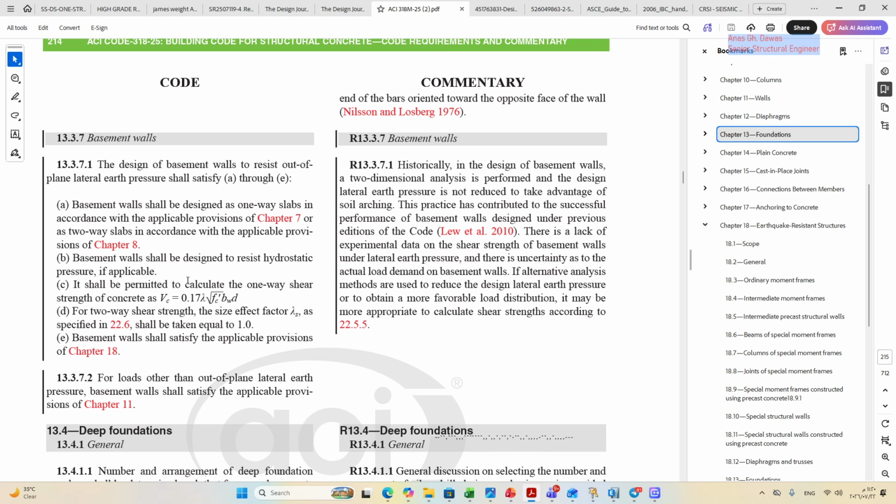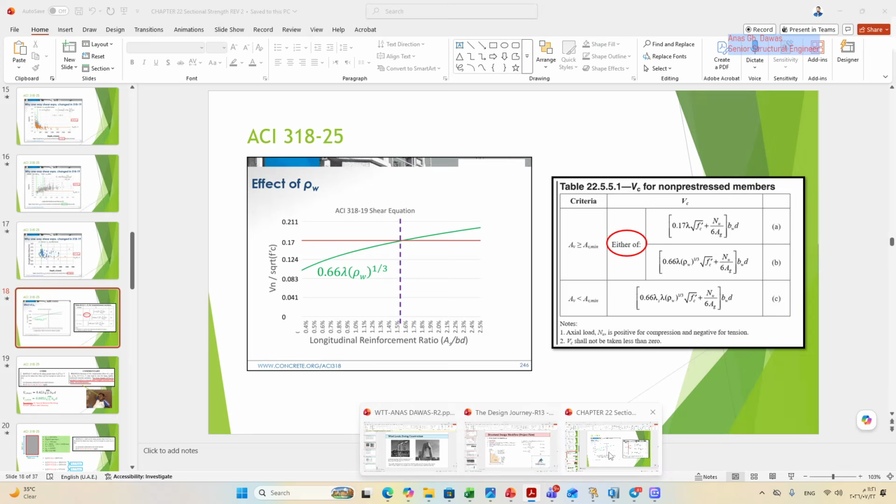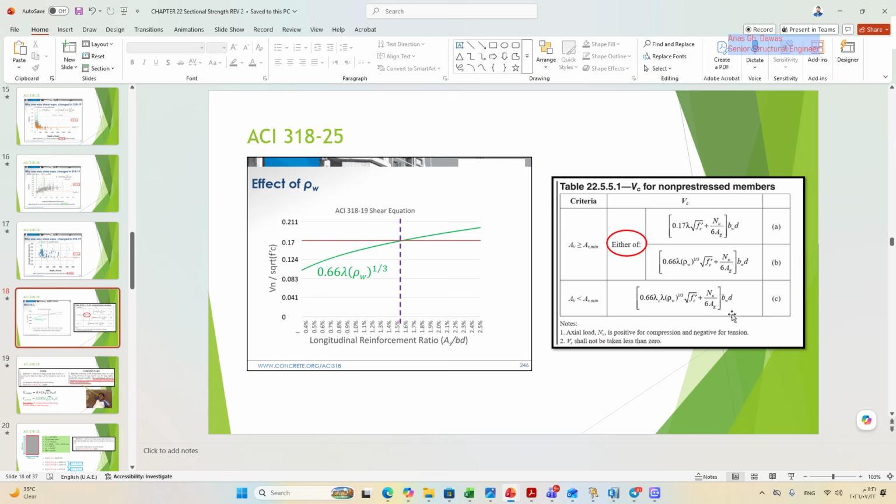This also will help you to get a very nice shear capacity for your basement wall. I remember that a lot of shear links were provided in the past to run away from this equation.